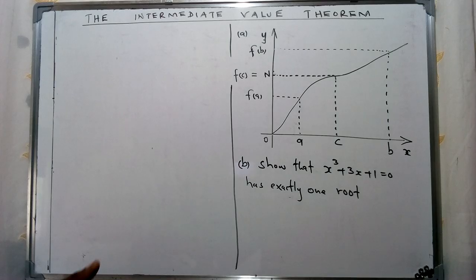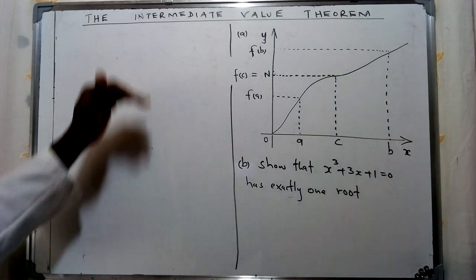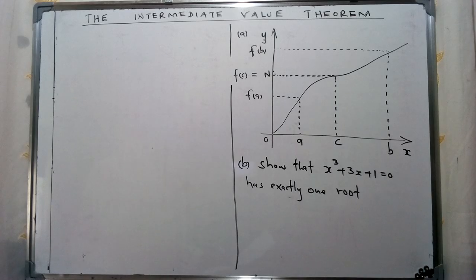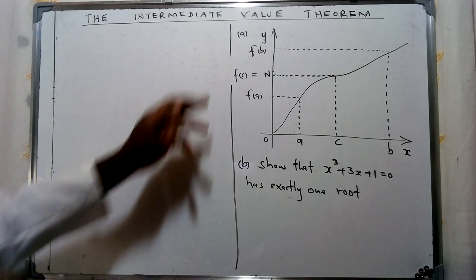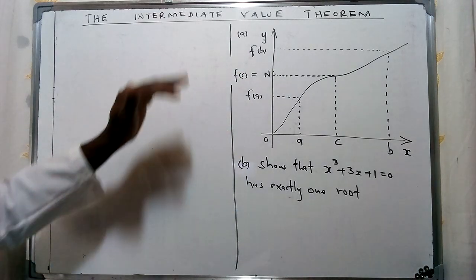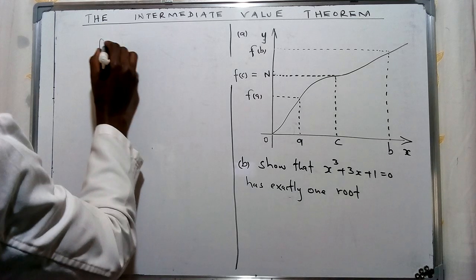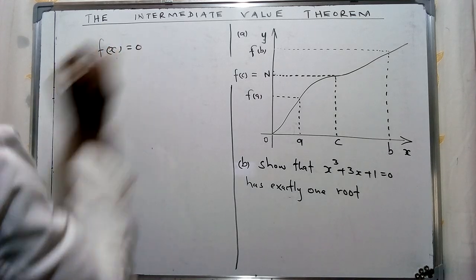In this discussion, we're going to look at the concept of the intermediate value theorem, which is basically an elaboration of the two previous theorems. We shall consider this specific curve which I have given. The intermediate value theorem creates a criterion for isolating the real solutions of equations of this form, where f of x is equivalent to 0.